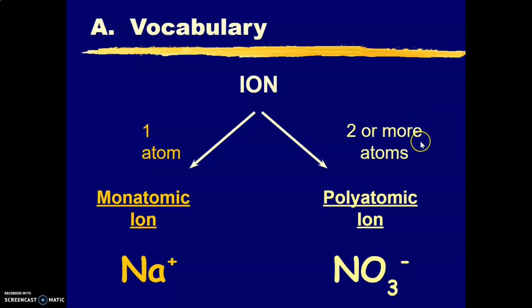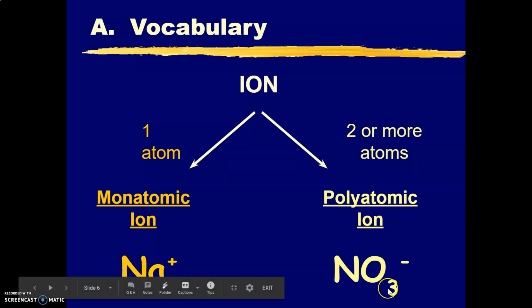When we have two or more atoms, such as in the case here of NO3, the 3 on the bottom is the subscript. That is not involved in the charge. The charge always goes at the top as a superscript, okay? So this is a polyatomic ion.